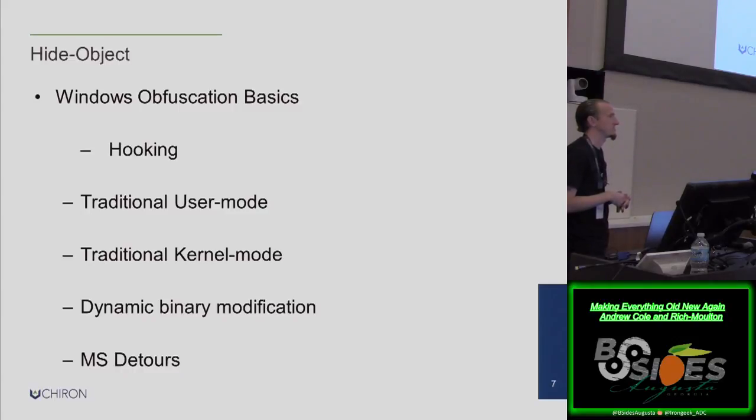In the 90s, people were doing this user mode hooking and kernel mode hooking. It was all the rage, all the cool kids were doing it. Somebody figured out what was going on and wrote a paper on it, dynamic binary modification. Basically, you take a program that's running, you change it while it's running, and get it to do other things.